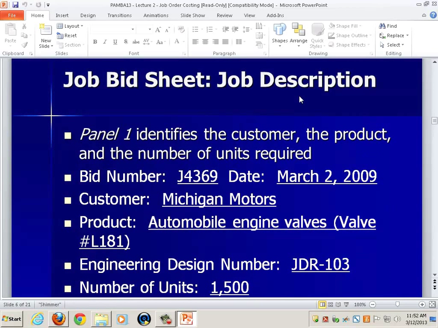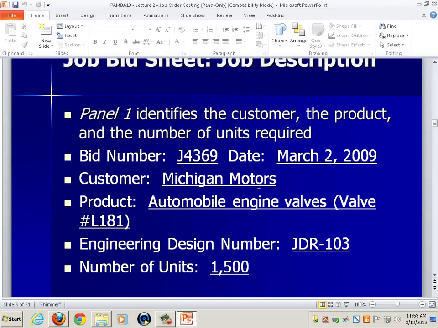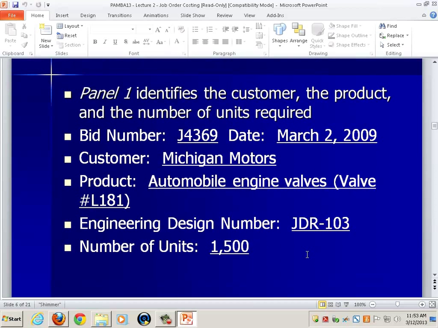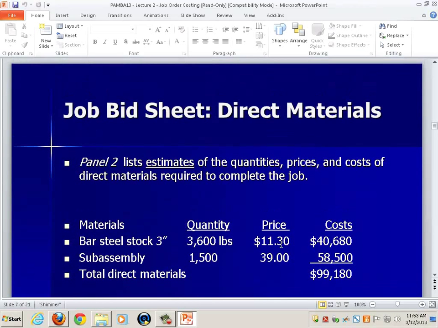So let's look at the bidding process. Start with a job bid sheet, one possibility. There's a job description. There's the bid number, the date, the customer, the product, that's self-explanatory, design maybe, and the number of units.